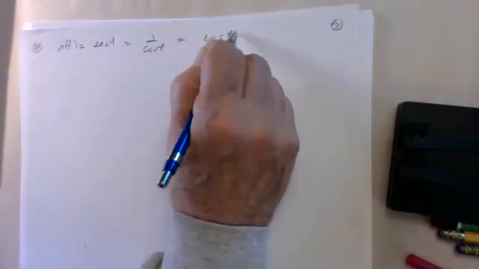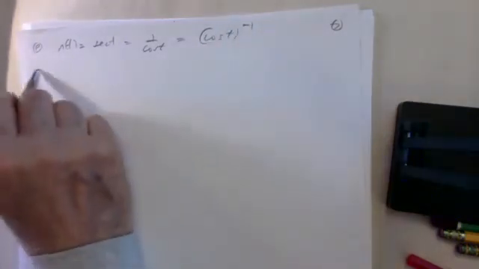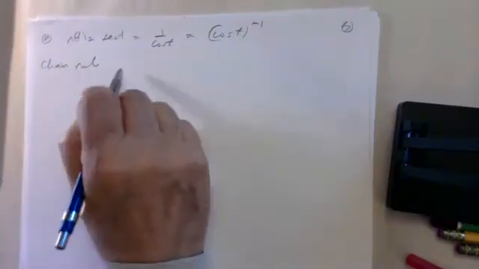Let's see, another way to do this, where r of t is secant t, which is 1 over the cosine of t, which is the same as the cosine of t raised to the power minus 1. I could also do this using the chain rule.